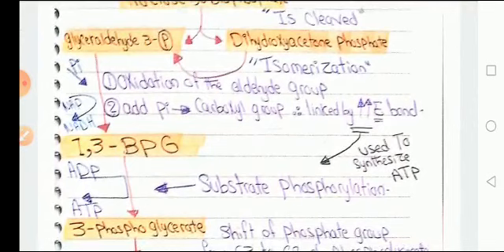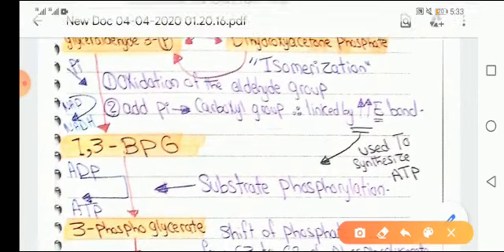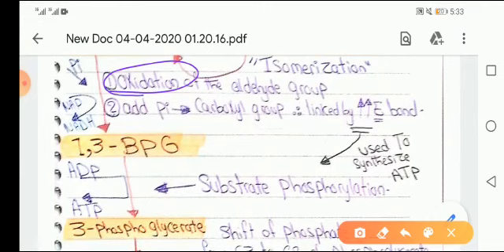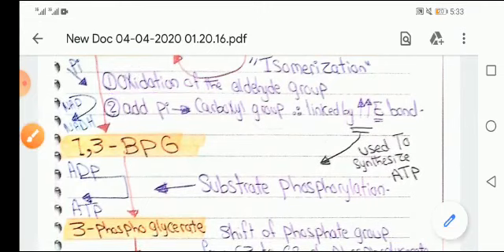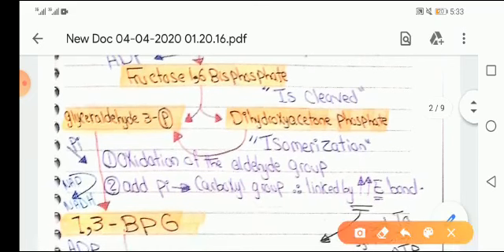Oxidation of the aldehyde group of glyceraldehyde 3-phosphate. Oxidation means removal of hydrogen, which is equal to dehydrogenation. This means that glyceraldehyde 3-phosphate loses hydrogen.